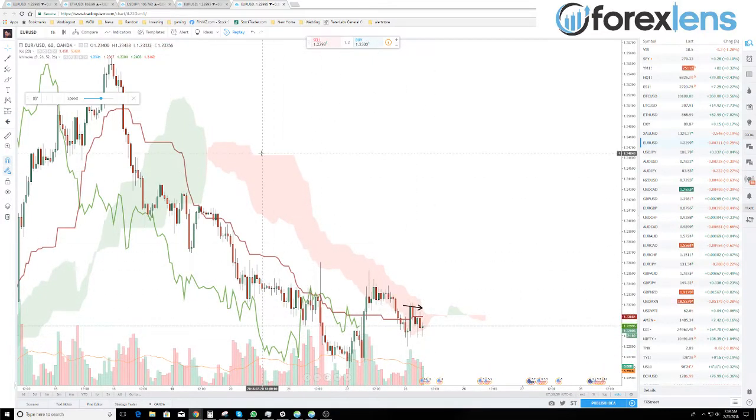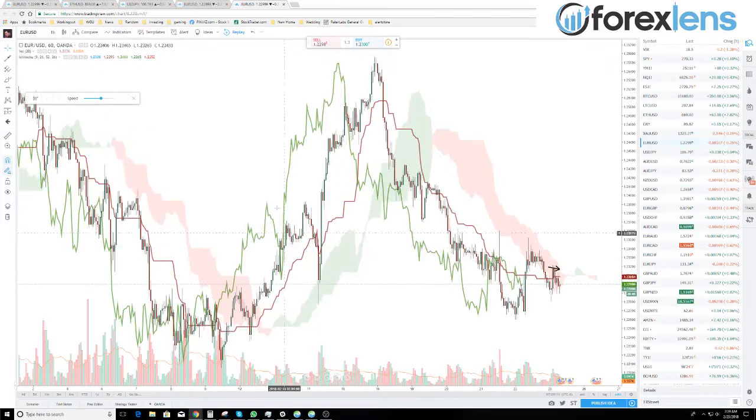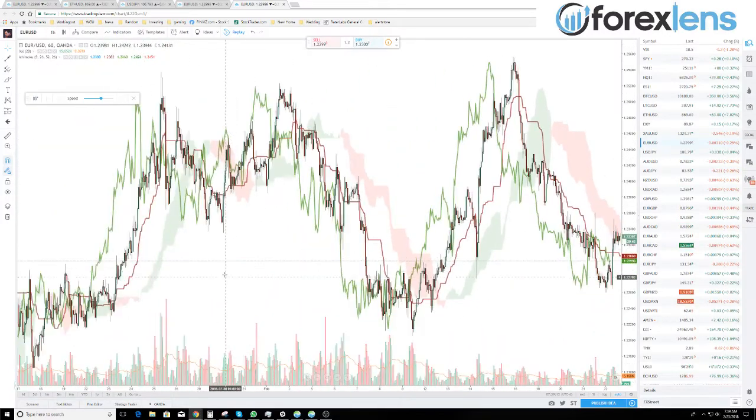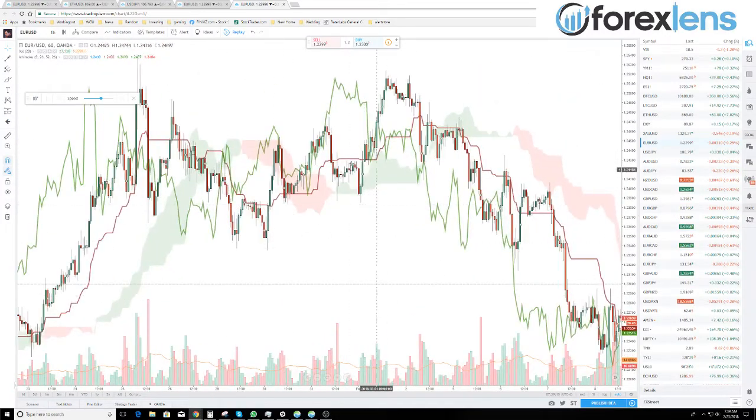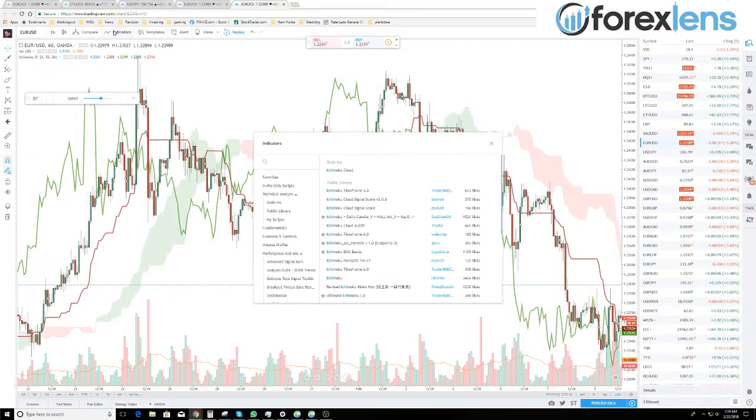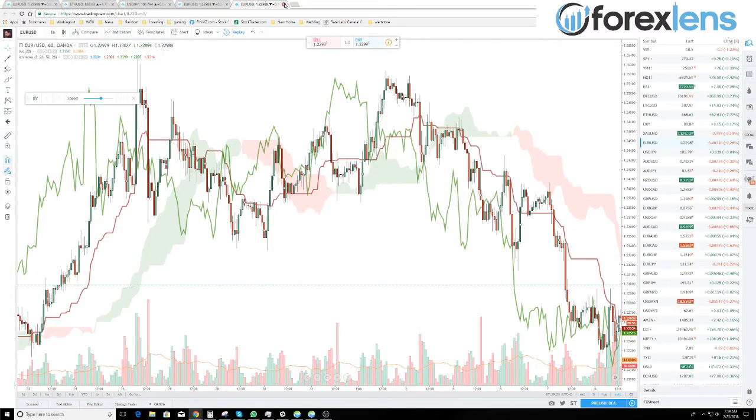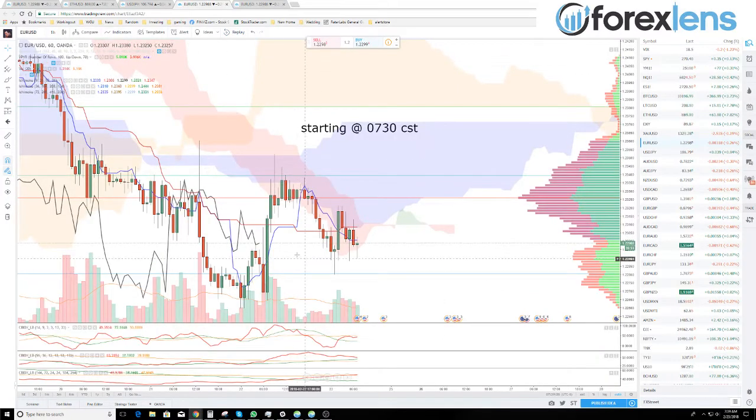As the cloud starts to thin out, it gets less and less resistive to price. All right? So keep our eye on that. But this isn't the only thing. Now using just the cloud, just one period, I think is fine. I think that's fantastic. But I prefer to use three, and that is where this chart is at.